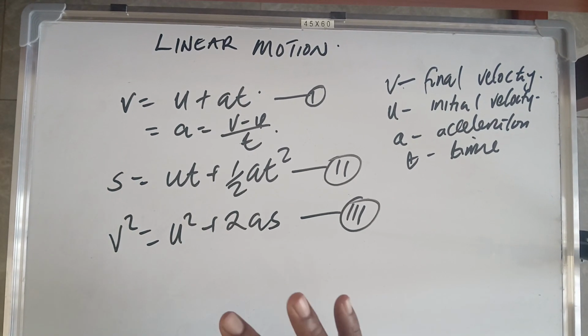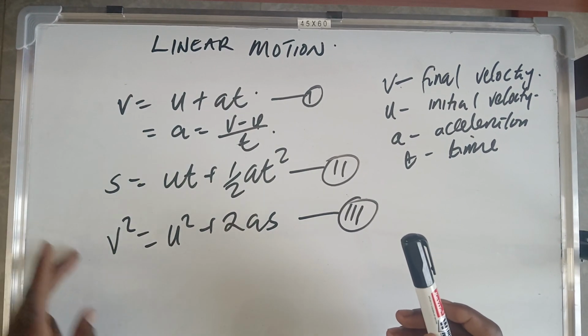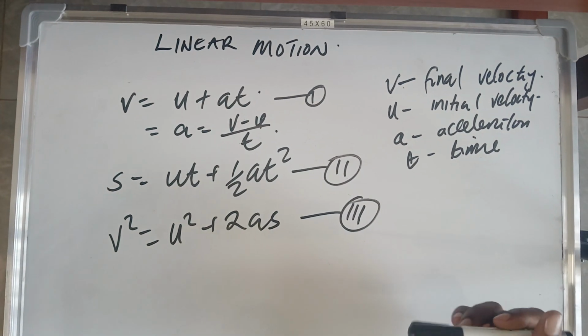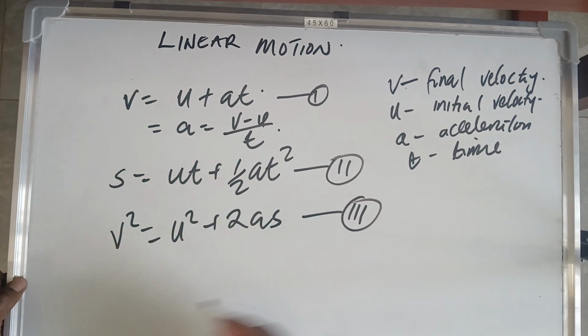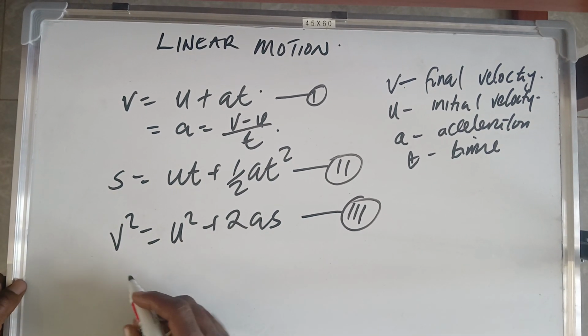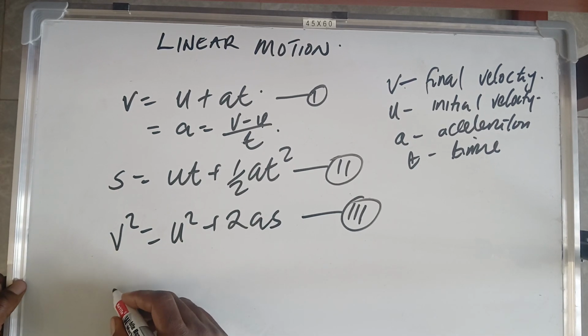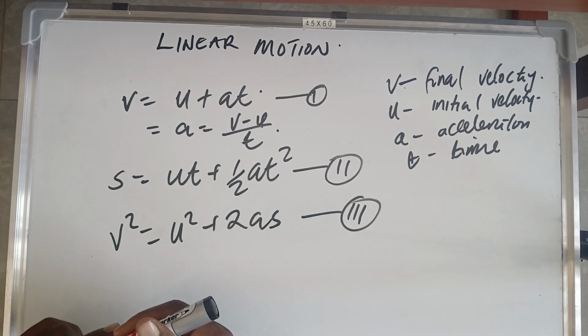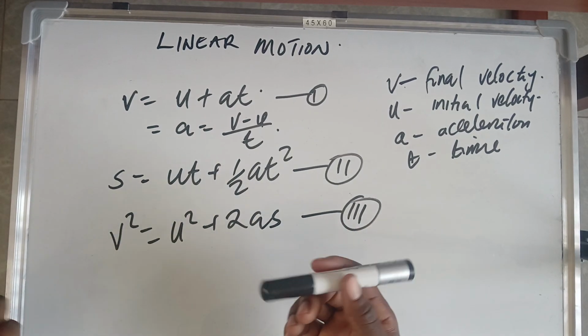Now, when you are given a question, run to these three equations. Of course, there's a fourth one. Maybe we can look at it later, which is maybe just for the sake of writing it. We say distance is equal to initial velocity plus final velocity over 2, multiplied by time, something like that.